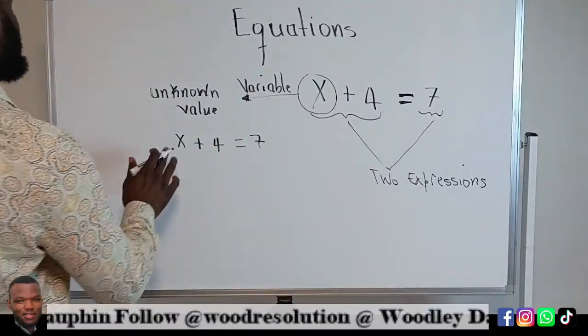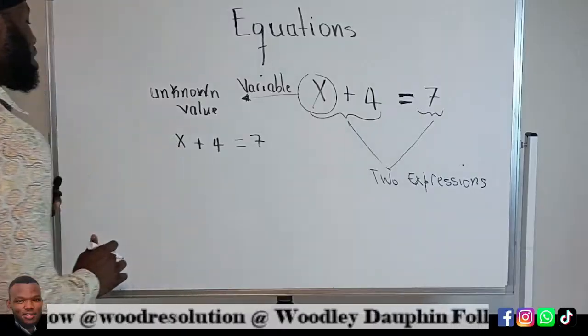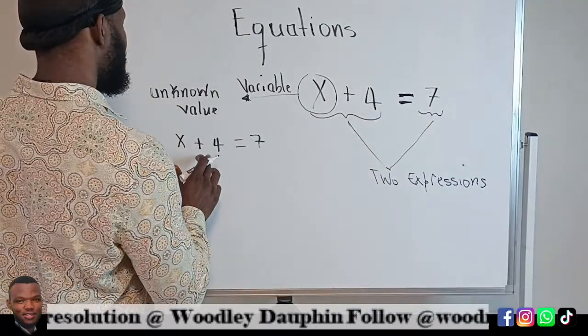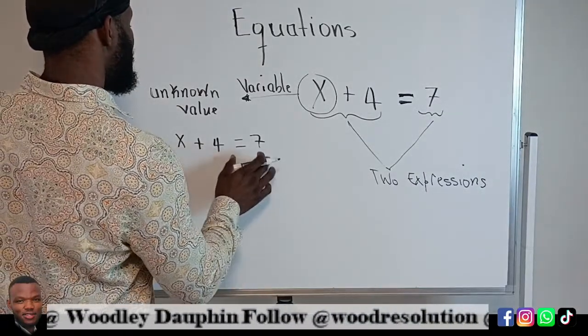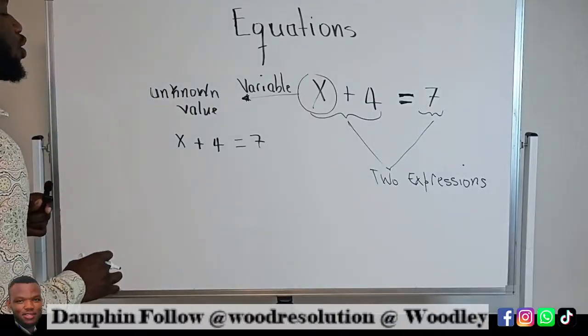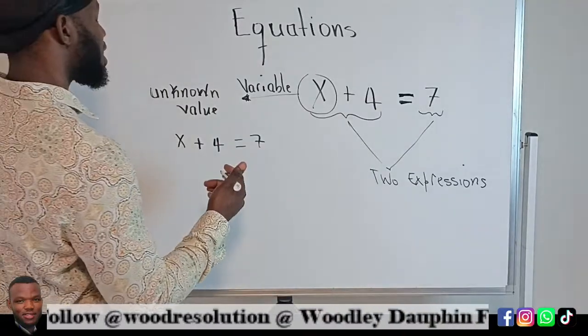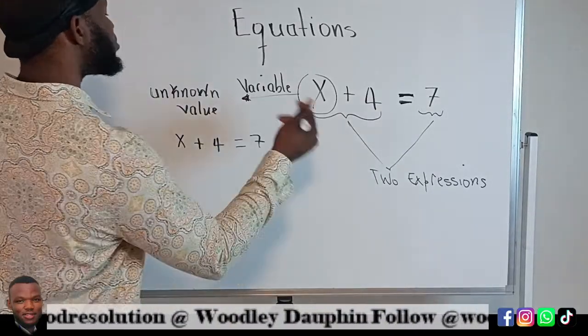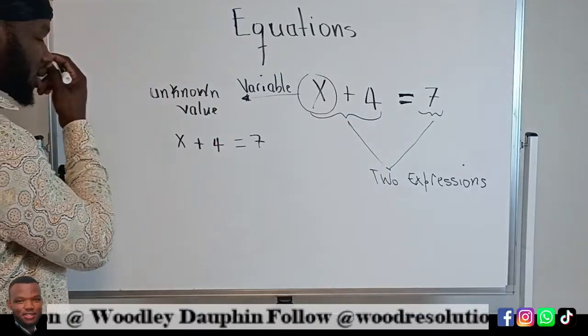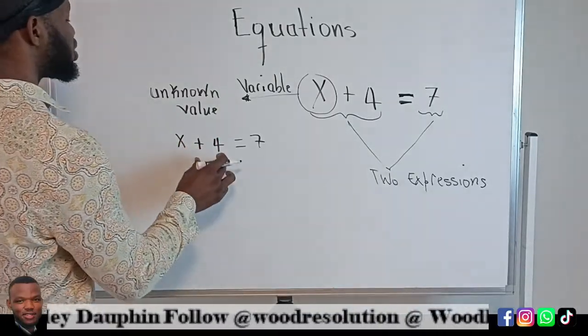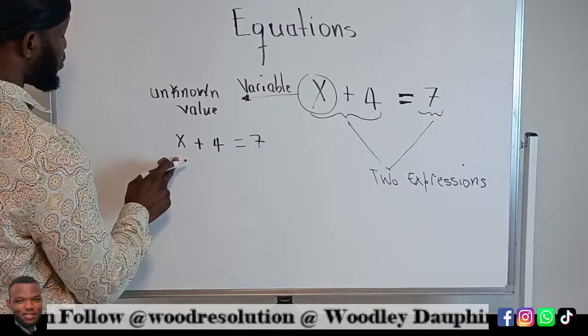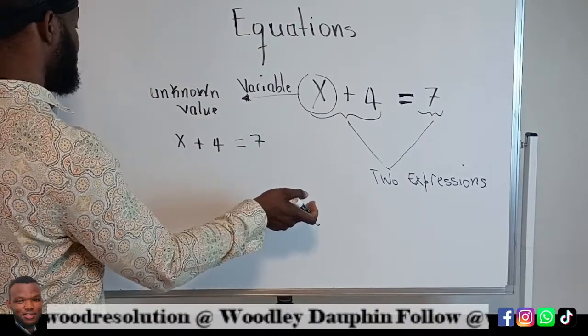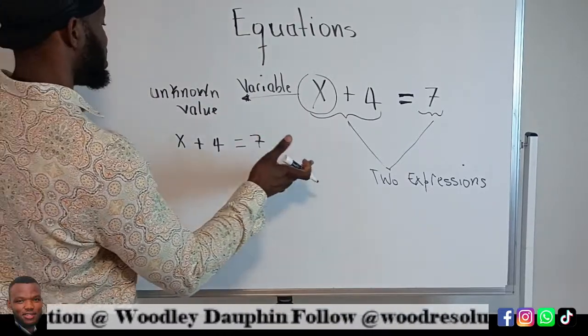In order to have only x on this side, I should subtract 4 from both sides. Let's say it like that. I cannot just subtract 4 from this side and leave the other side, because it's not gonna be equal.